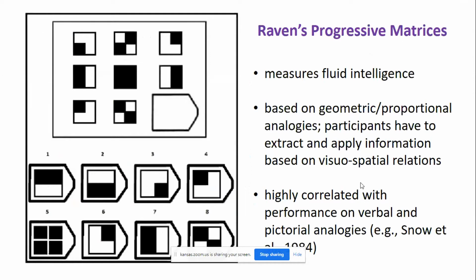The only thing I really want to highlight about this is that although it relies on some kind of analogical reasoning, it's also a very typical measure of fluid intelligence. So we often think about it not really as an analogical reasoning task, but a more general domain general reasoning skill.